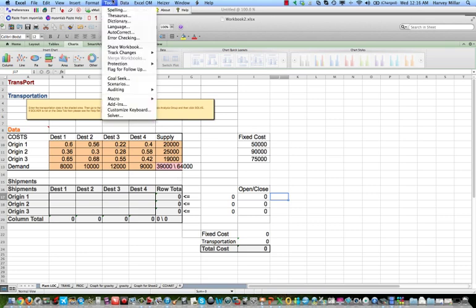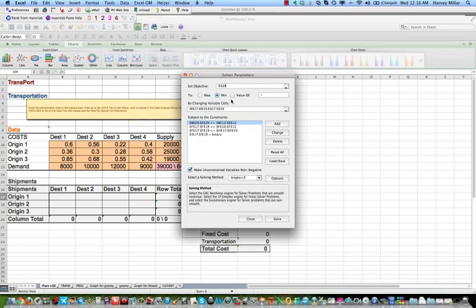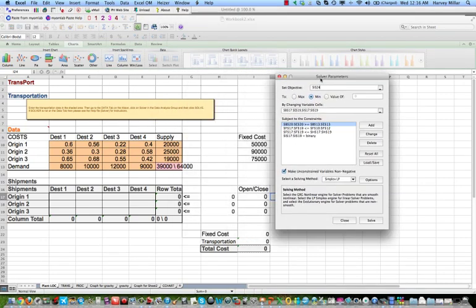So let's go to the solver. And if you look at solver, what I've added is that, in terms of the decision variables, I want to change the shipment variables, but I also need to consider the decision variables around whether or not I have a plant open or closed. So that's added in here.